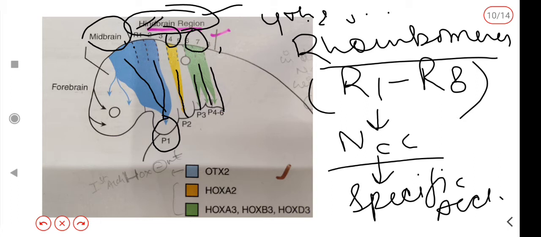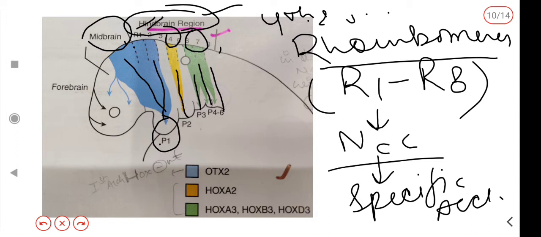From 6 and 7, the specific neural crest cells undergo specific epithelial mesenchymal transition to form the skeletal component of the particular arch.